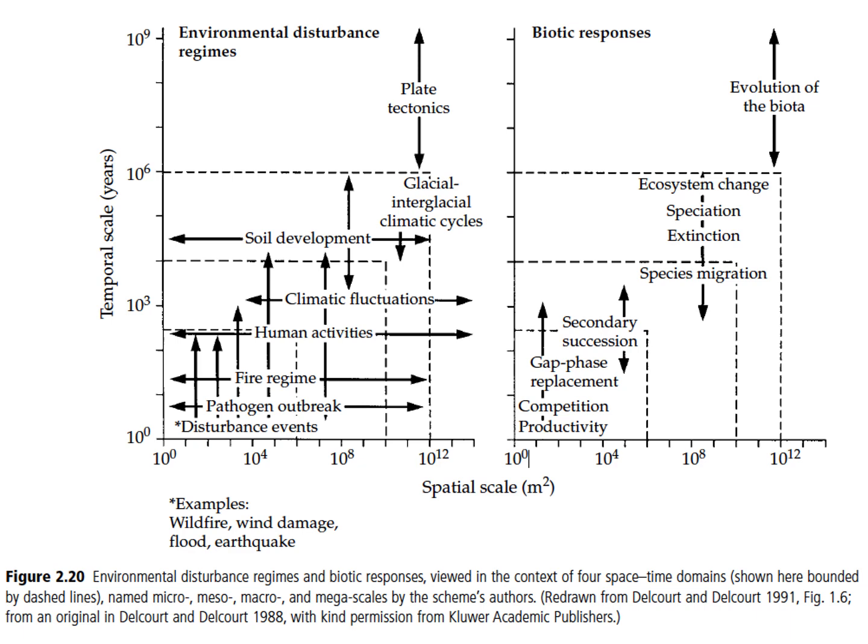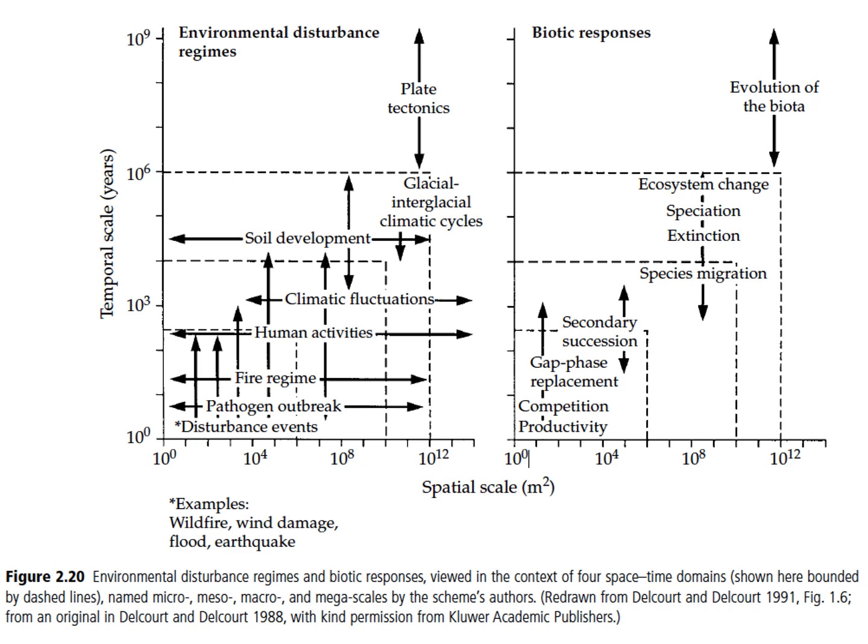And finally, I'd like you to take some time considering Figure 2.20 because it highlights the different types of disturbances that occur on islands, their spatial scale on the x-axis. So how big of an area do they affect, right? So if there's a fire, if there's a pathogen, if there's climatic fluctuation, how big of an area do those affect, right?